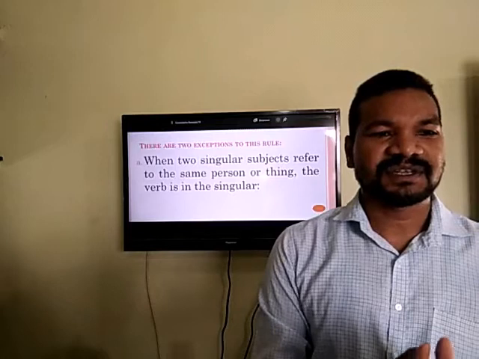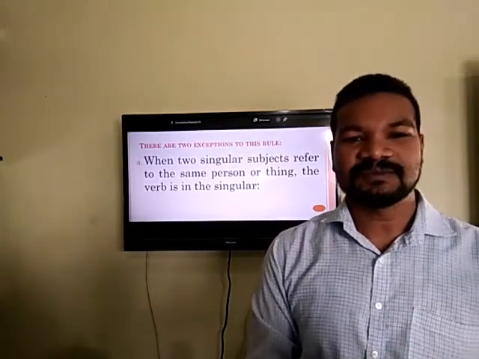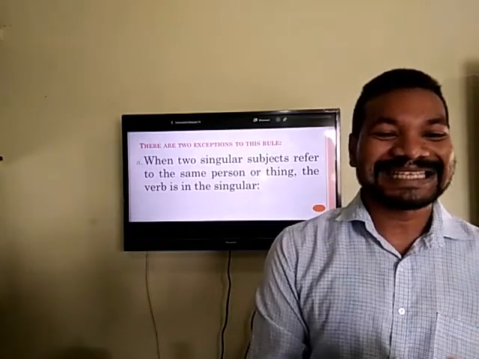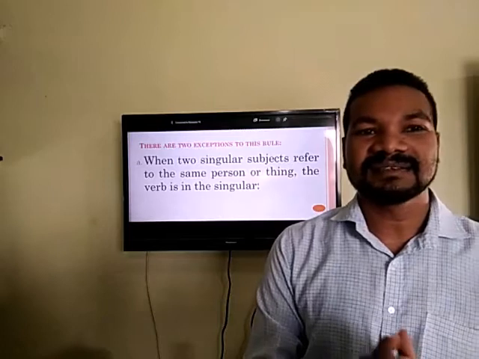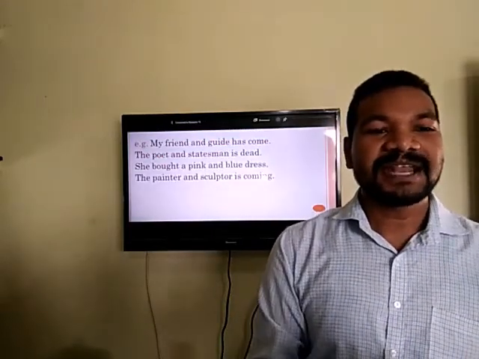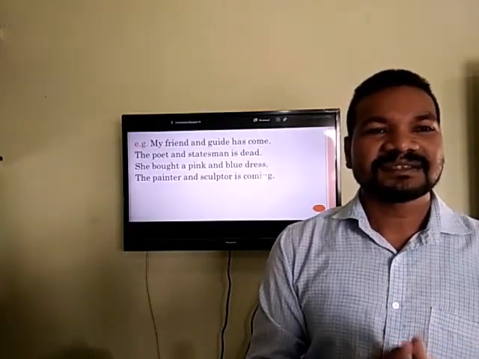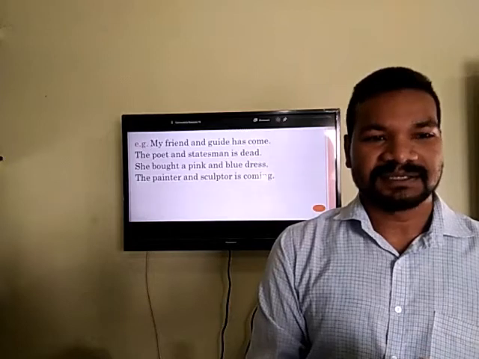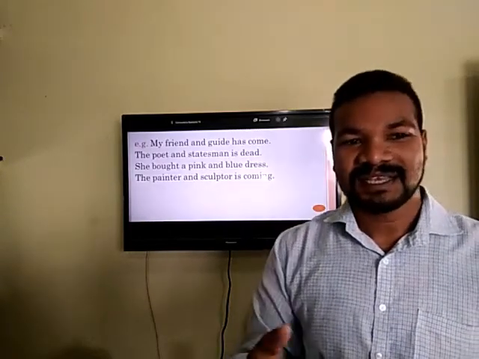The first exception that we are going to see is when two singular subjects refer to the same person or thing, the verb is in the singular. Let's see the example. My friend and guide has come. So it is referring to one person who is my friend as well as a guide.